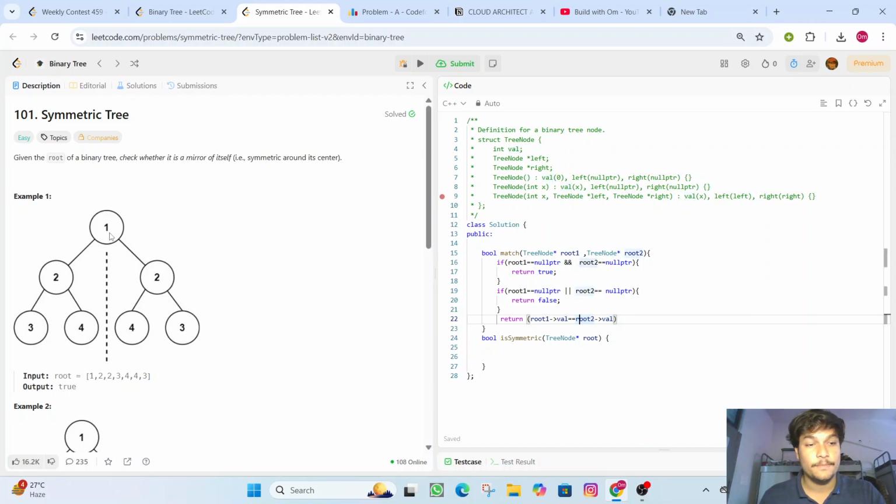Like, one left node is 2, so we can say that this is root1, and the right node is 2, so we can say that this is the root2 node, which we clearly specify in the question.